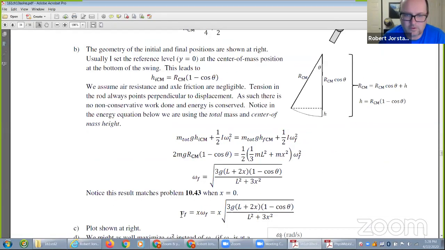It's some crazy looking thing. And this is a cool way to check your work. Think about it. Wait, is it 43? I think that needs to be updated now. That's 10.48 now. Okay. What is that? 10.50B?